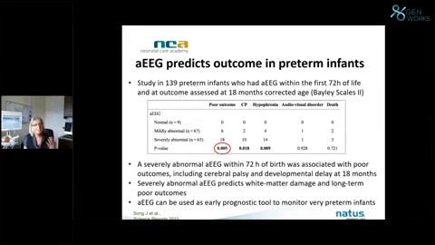And the severely abnormal AEEG recordings within 72 hours after birth, so within those first 3 days, can predict white matter damage and long-term poor outcomes in these very preterm infants. And so therefore, again, they determined that AEEG can be used as an early prognostic tool to monitor very preterm infants.